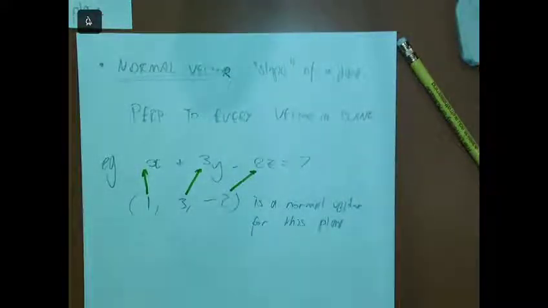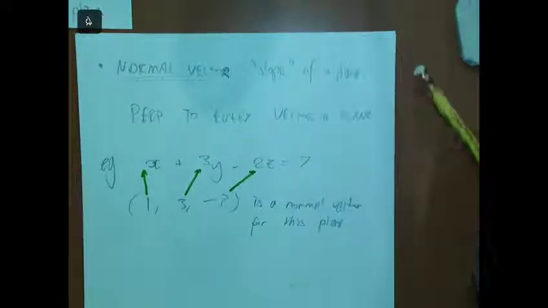I could just as easily have multiplied the whole equation by 17 and it would give me another normal vector. But that normal vector would just be a multiple of that vector, and so parallel to it.